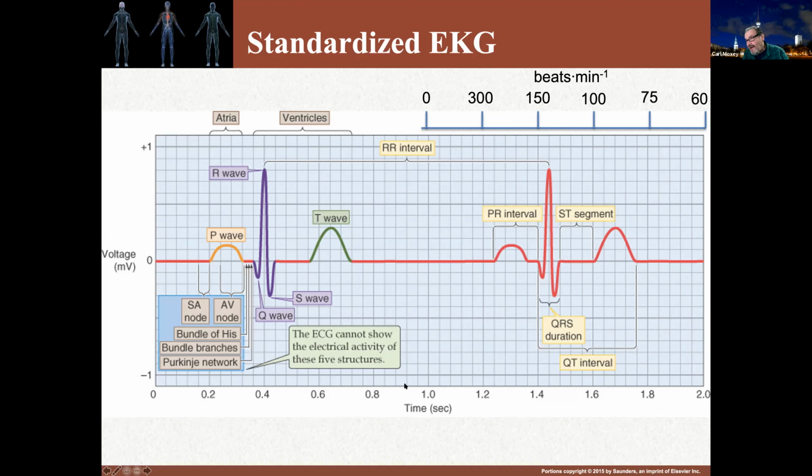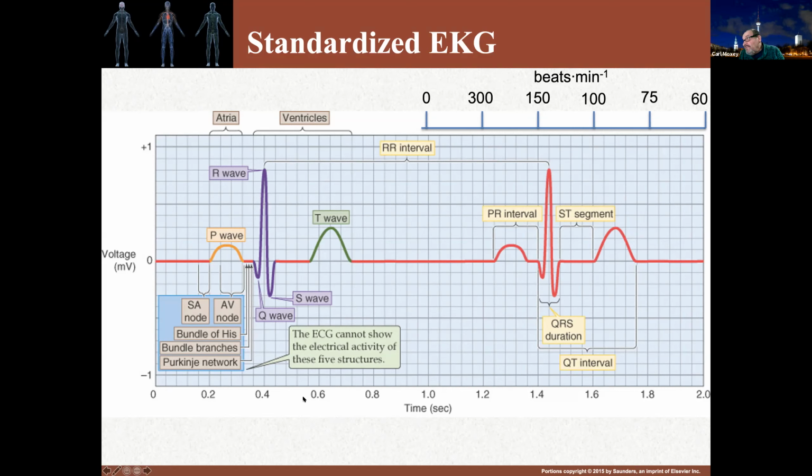So it takes 5 big boxes to equal the duration of time of 1 second. On this scale, you'll notice that we've got 10 of those big boxes, so we're actually measuring 2 seconds of duration. Each of the small boxes then represents 1/5 of 200 milliseconds, which would be 40 milliseconds.